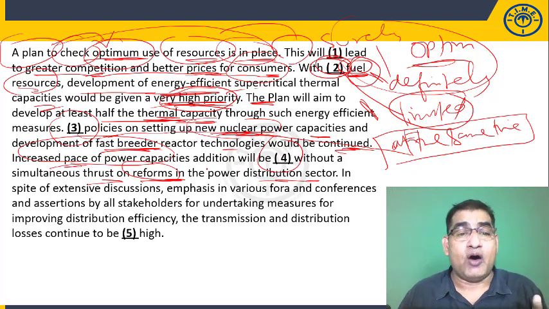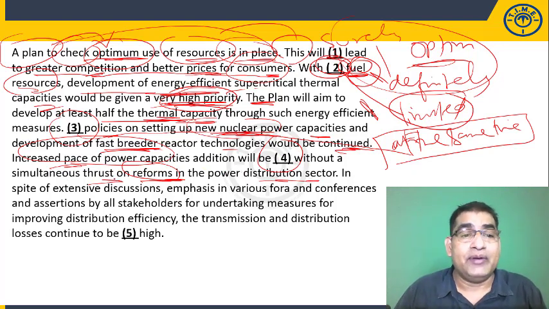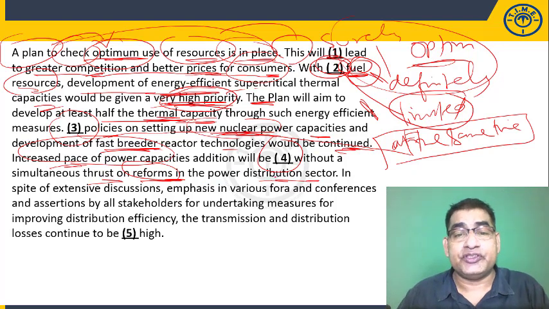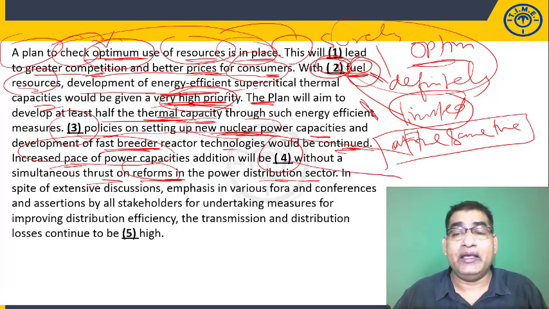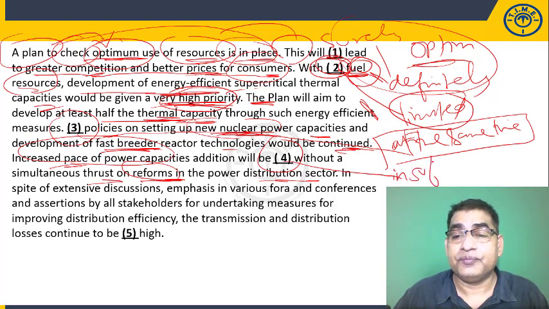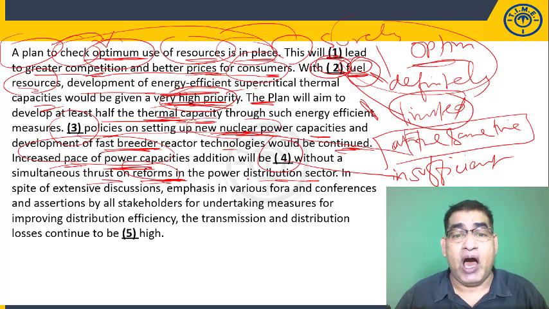Increased pace of power capacities addition will be dash without simultaneous thrust on reforms, which means will not be sufficient, or will be insufficient. Which means only increasing power capacities is not enough. We should also work on reforms, policy reforms, etc. in the power distribution sector.